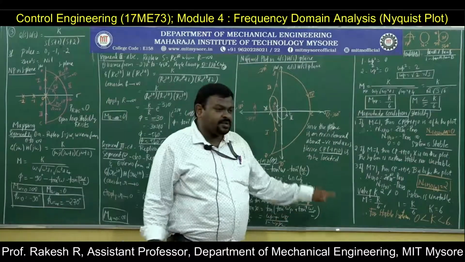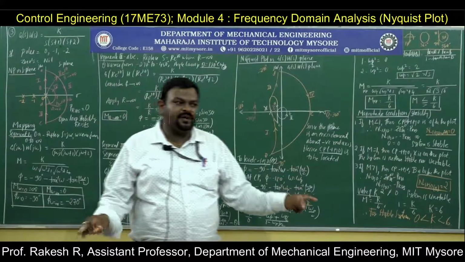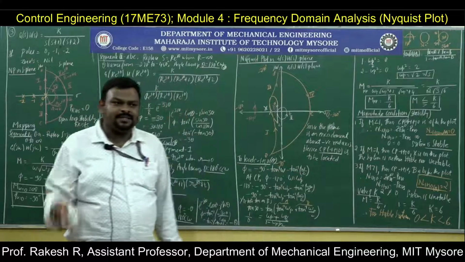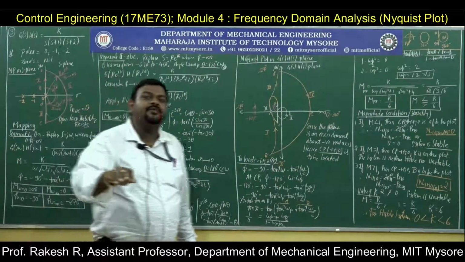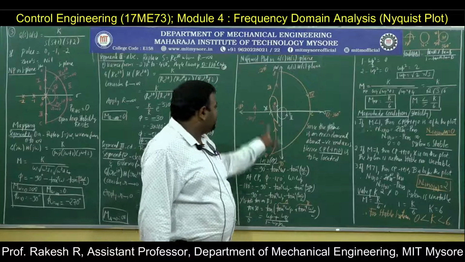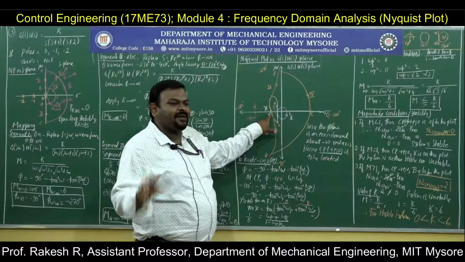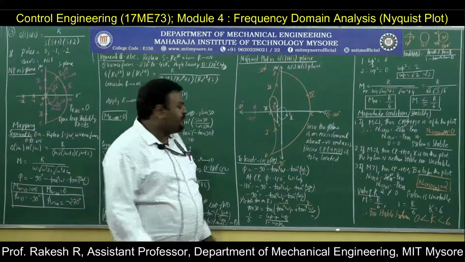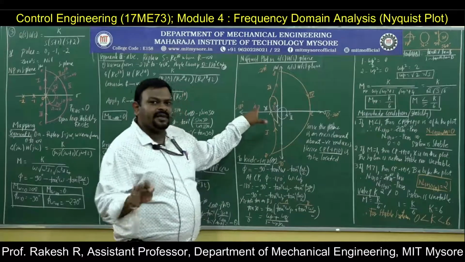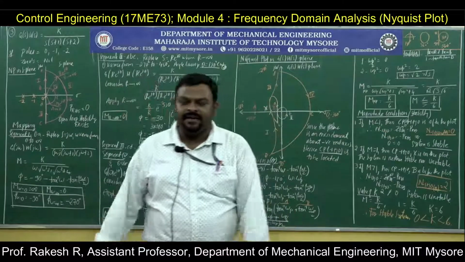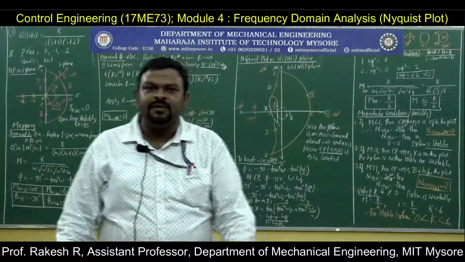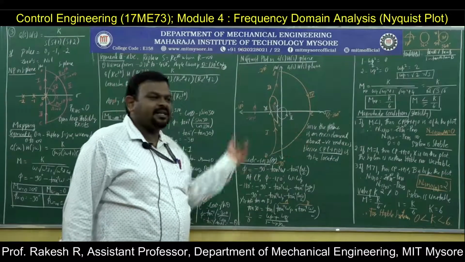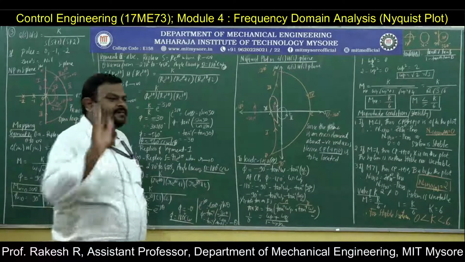If it is equal to 0, magnitude will be equal to 0, then there is no question about stability. If it is 1, 1 by 6, you will get some value, but the magnitude will be less than 1. If the magnitude is less than 1, always the critical point will be located after the plot only. So that means there is no encirclement about the critical point. Hence, N of minus 1 plus j0 will be equal to 0 and P RHS will be equal to 0. 0 is equal to 0, LHS is equal to RHS. The system is stable.